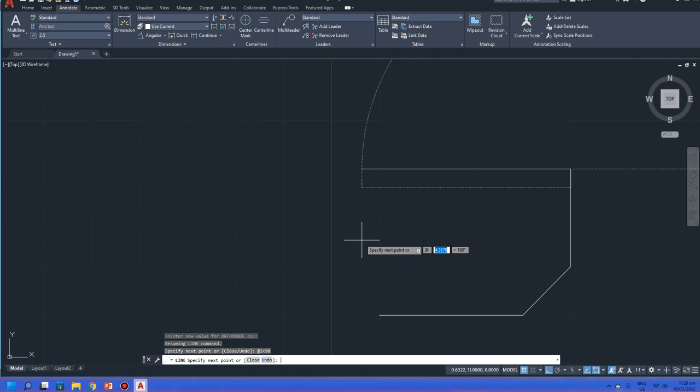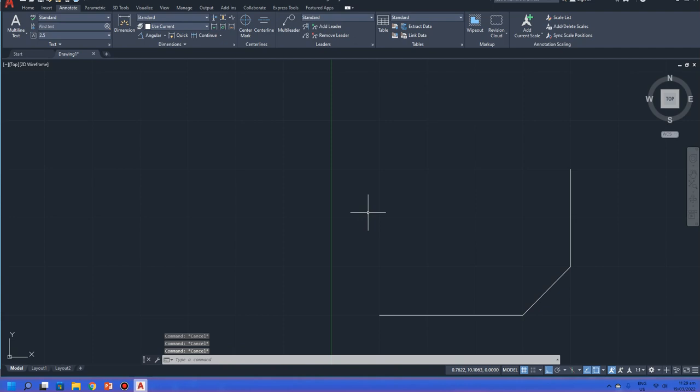At negative 4... oh, we cannot use negative 4. Okay, let's do that again.